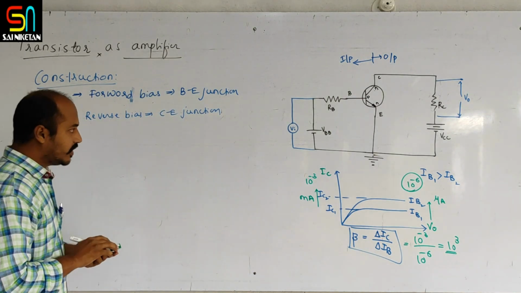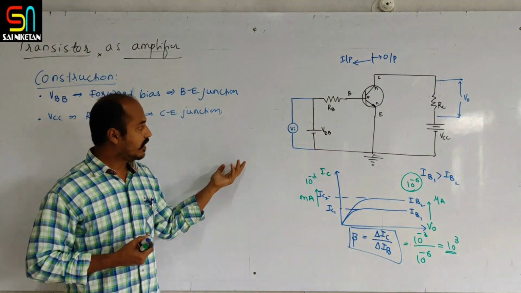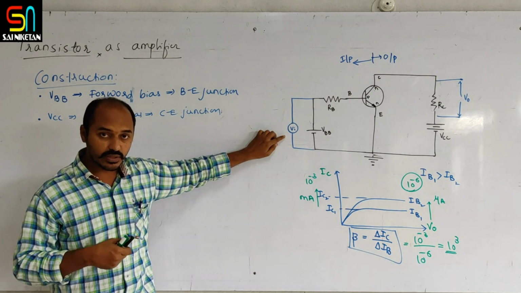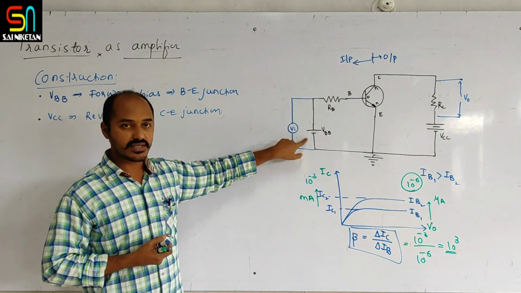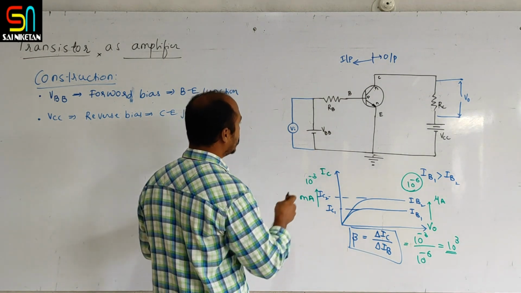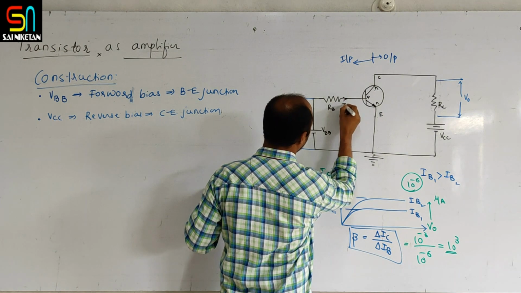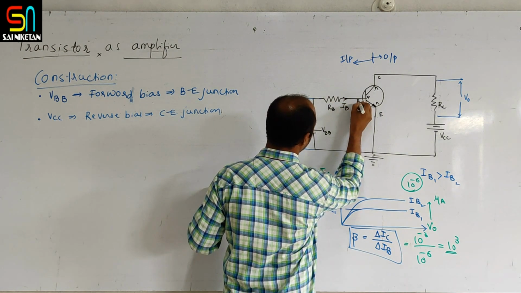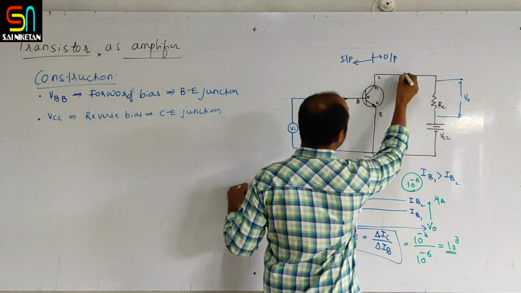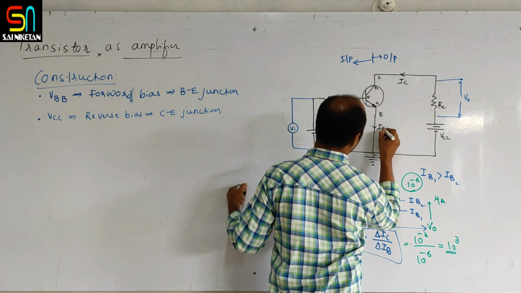So after this, its working is very simple. As the input voltage changes, current flowing across RBB also changes. So here I am mentioning input current, and let me show the diagram first. IC and then IE.